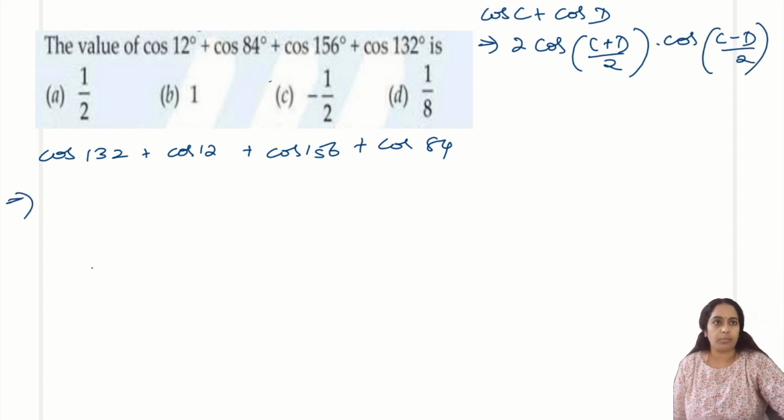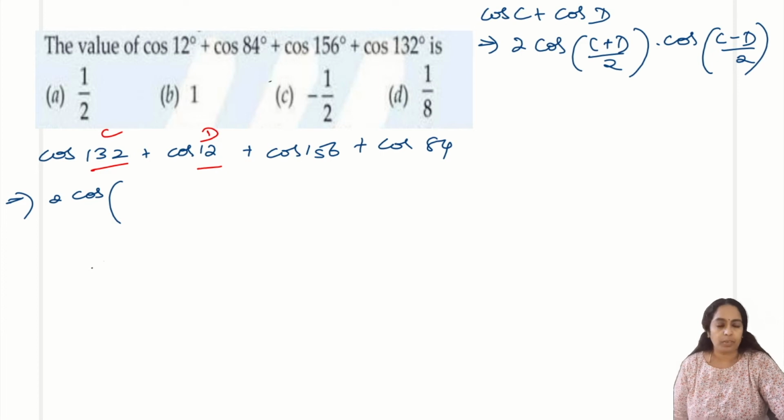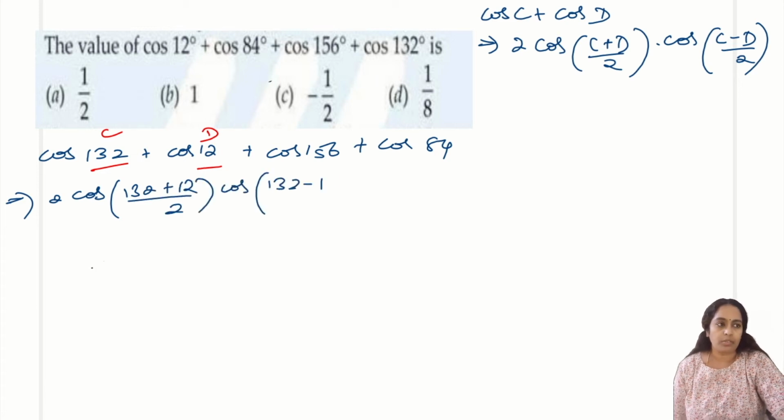So here my C is 132, my D is 12. So it's going to be 2 cos 132 plus 12 divided by 2. What is 132 plus 12? It's going to be 144. 144 divided by 2 will be 72. Then cos, maybe I will write an extra step here. So 132 plus 12 divided by 2 cos 132 minus 12 divided by 2 according to the formula.